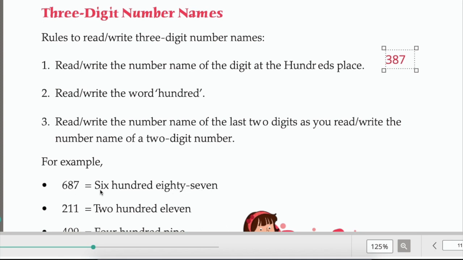Altogether you have written 687. Second one, 211. Here 2 is in hundreds place, so you have written TWO. After 2 you have written the place value of 2, that is hundreds, so HUNDRED. Then you have written the number in tens and ones place. In tens and ones place we have 11, so we have written ELEVEN.